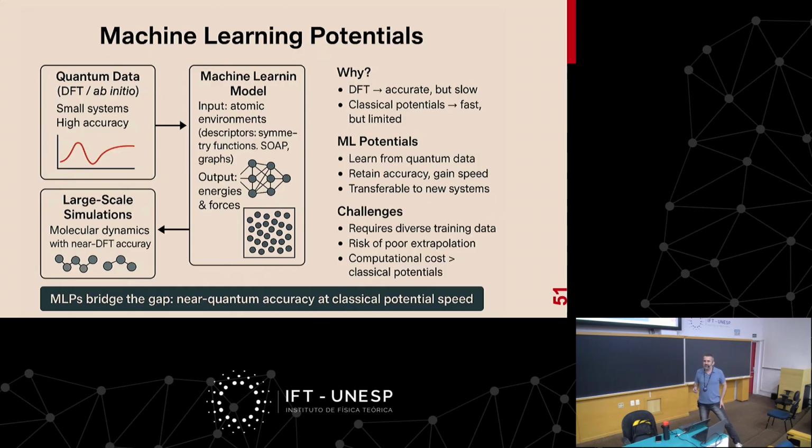And so the idea is that we would like to get some simpler model of this. And we use quantum data. Basically, we use the positions and the total energy of the systems when we train the model, and we build these machine learning potentials to run larger systems and for longer times, okay?